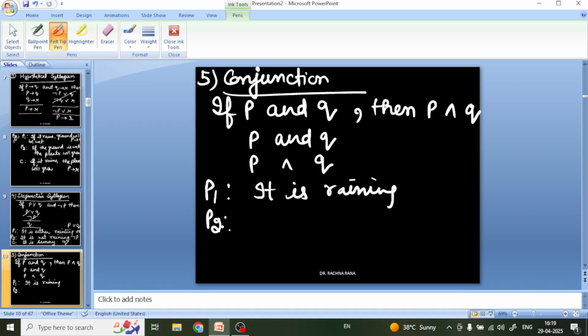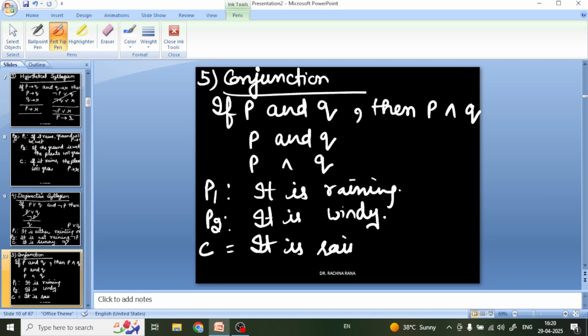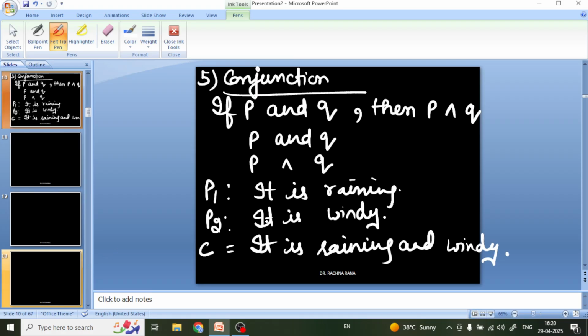Premise 2 is it is windy. And the conclusion is it is raining and windy. This is P, this is Q, and this is P and Q.